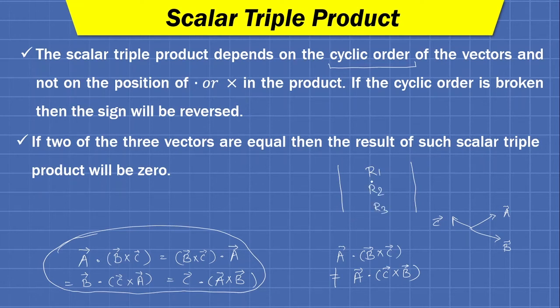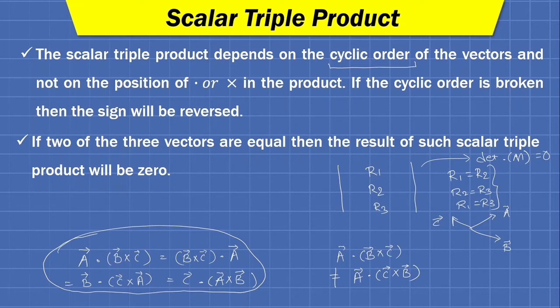So if two rows are equal, that is R1 equals R2 or R2 equals R3 or R1 equals R3, if any of these three conditions holds, then the determinant of such a matrix will always be 0. Fine. So if two of the three vectors are equal, then its scalar triple product will always be 0.